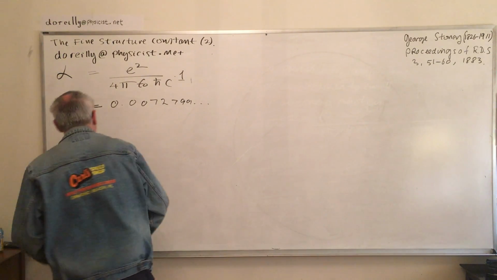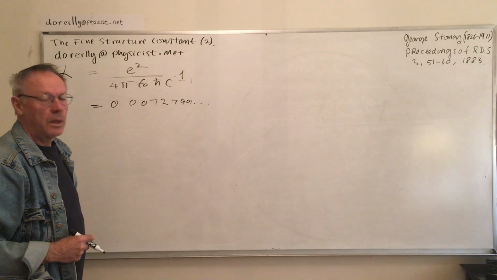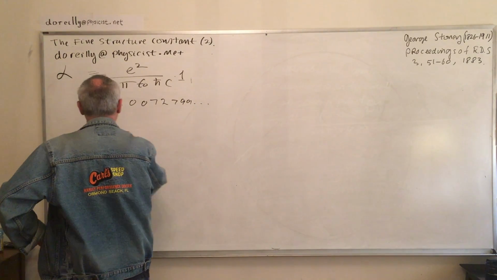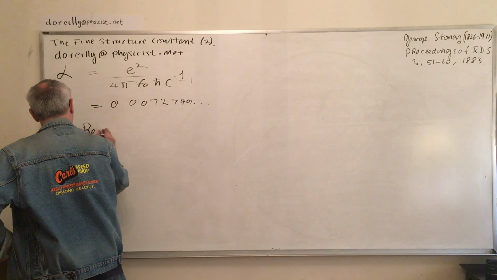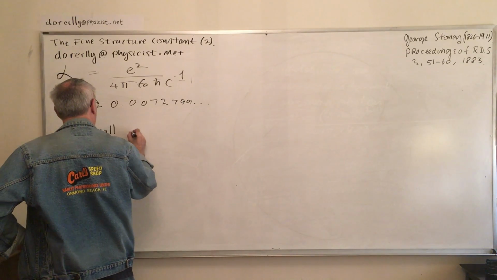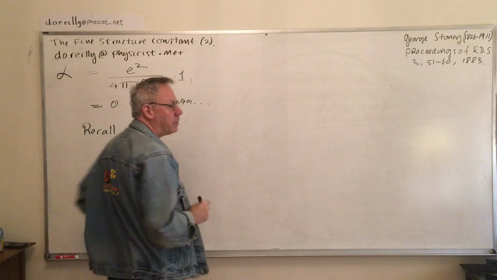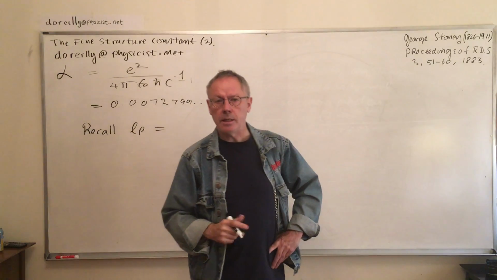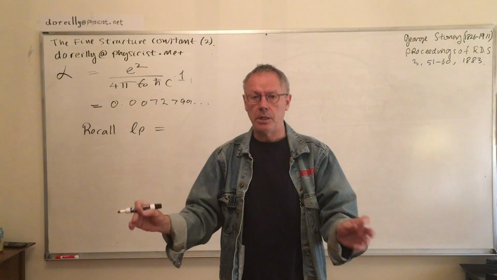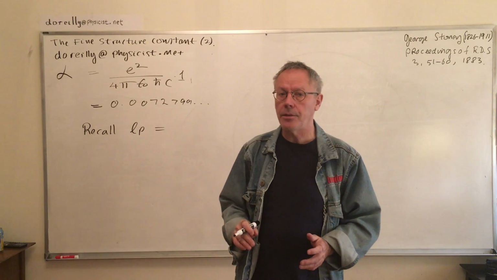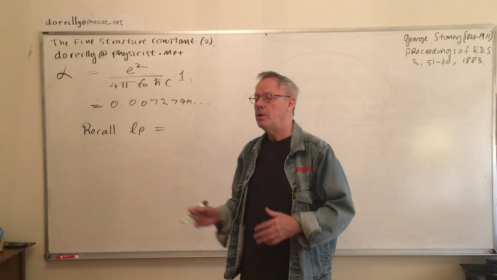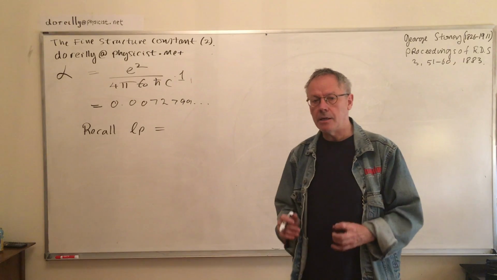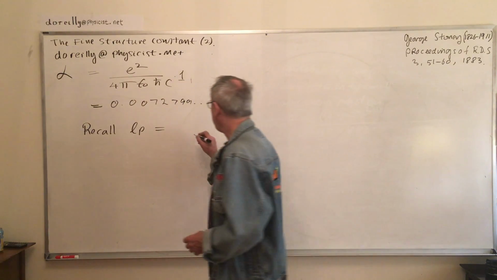In particular, he came out with Stoney units. Let's see what happens when we take the Planck length. Now, I have derived the Planck length for you guys in a previous lecture. If you look it up, Dermot O'Reilly, the Planck length, not the length of a plank, is related to Max Planck and his set of fundamental units.